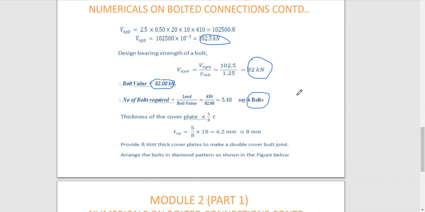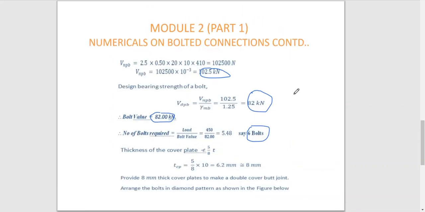Next, as it is a double cover joint, and one more thing asked in the problem is that you have to provide the bolts in a diamond pattern. For a double cover butt joint we need cover plates. The thickness of the cover plate should not be less than 5 by 8 times the thickness of the plate.